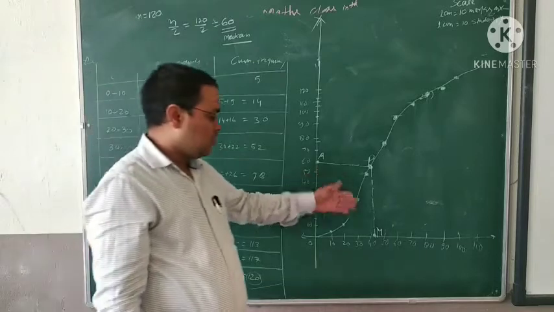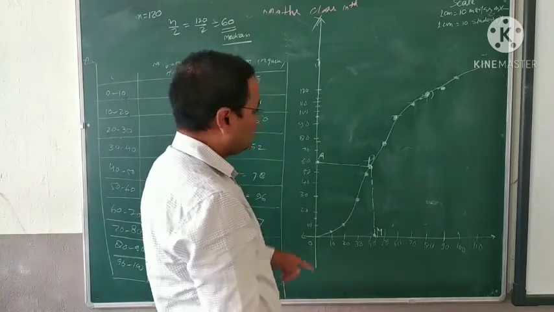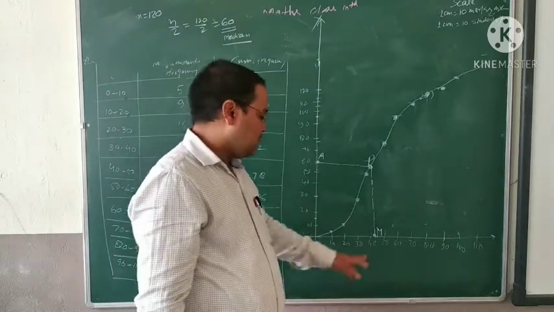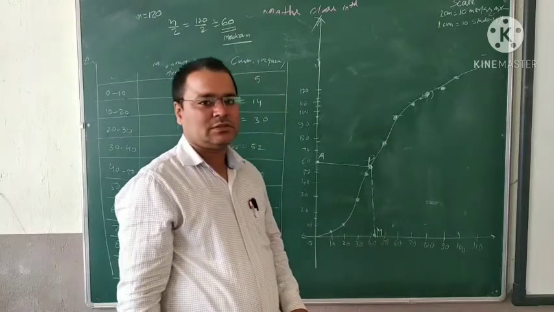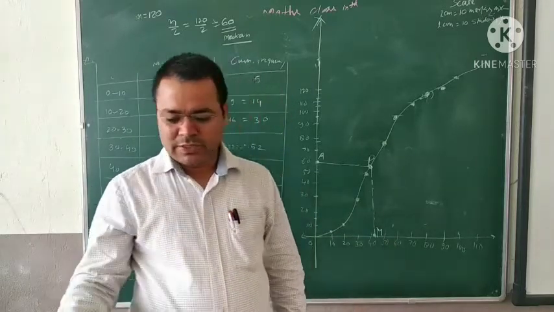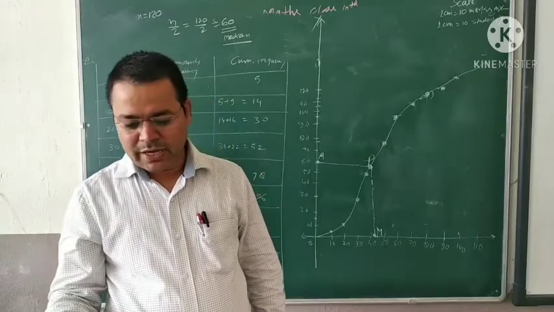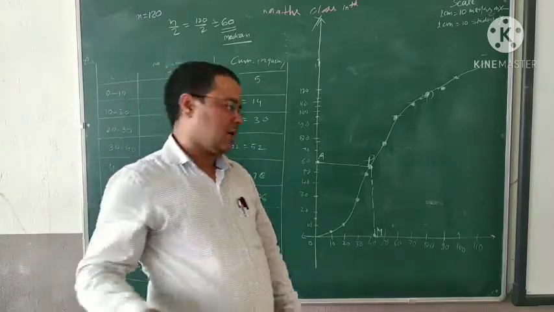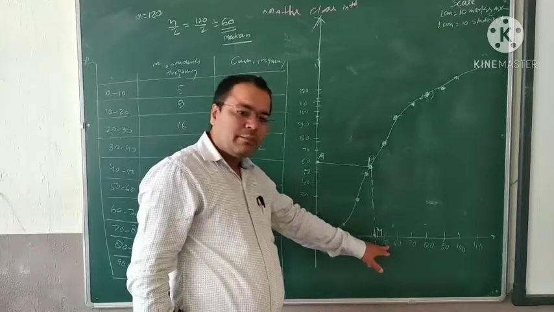In this way we can calculate it. If you calculate, it will be between 40 and 50. So we can say that 40 to 50 is the median class.